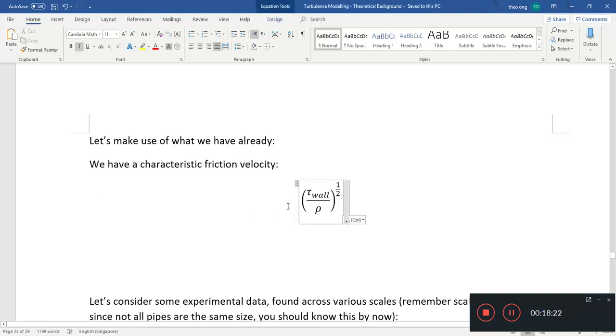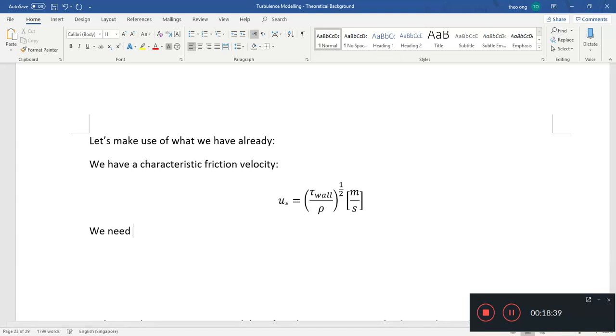So u star is this much, and this is in meters per second. Now we need some sort of length scale. So how can we make this into some sort of length scale? One good length scale is this.